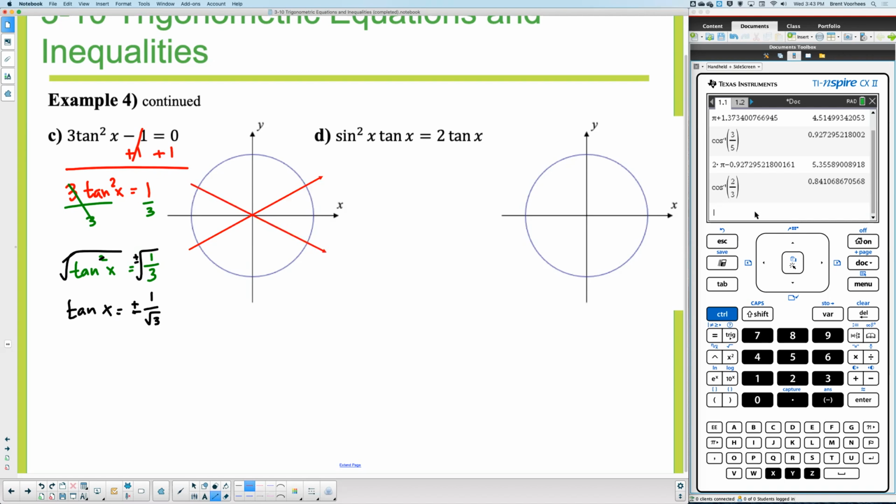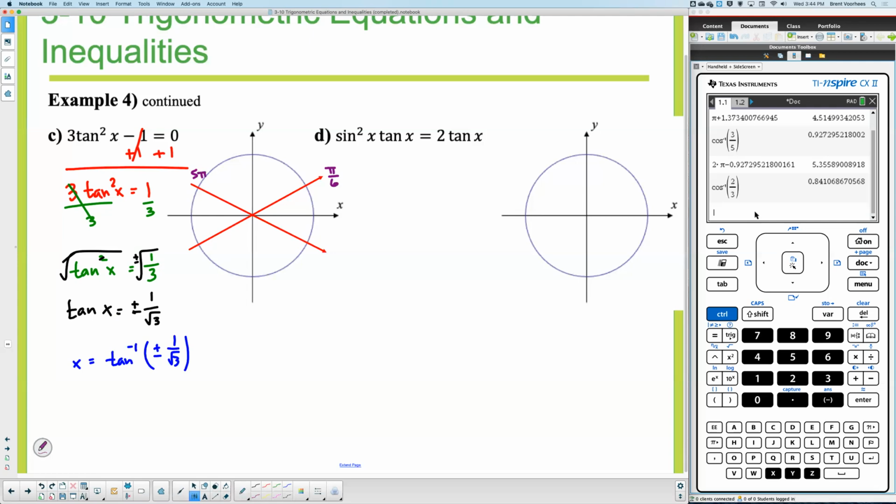And so using our hand trick to isolate the x here, I would take the tangent inverse of both the positive and the negative 1 over square root 3. So if I'm looking at the back of my hand, I need 1 y and 3 x's. So I'm bending my ring finger. So my answer is going to be, whenever I have a ring finger, which is when I bend my hand over, I'm looking at the pi side now, it would be a pi over 6.